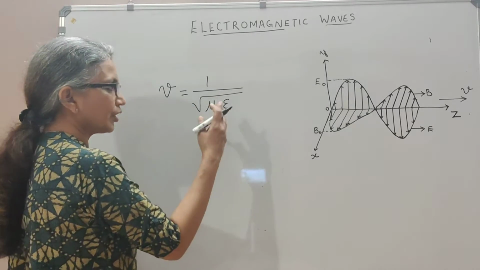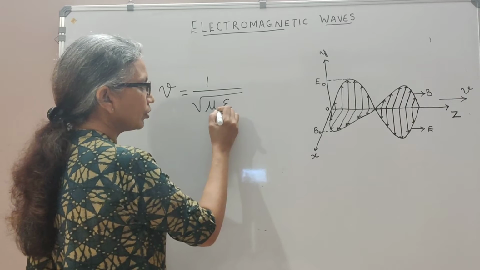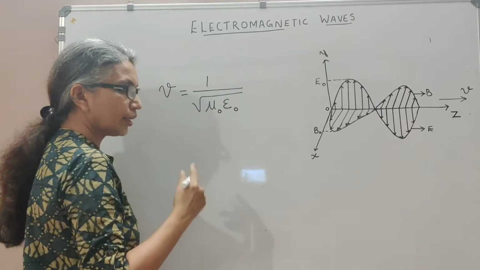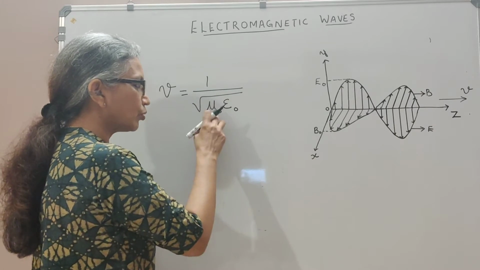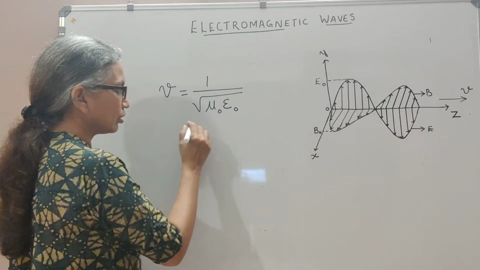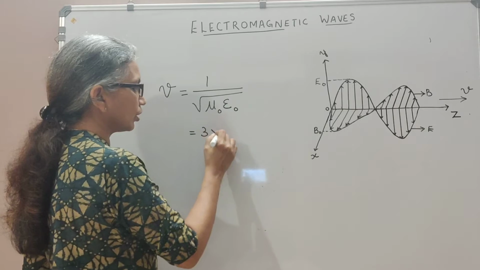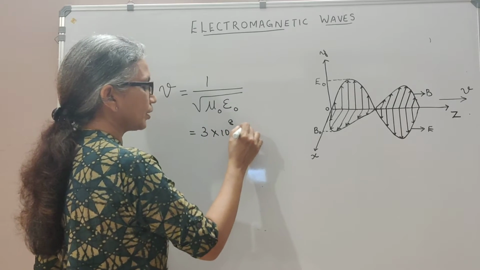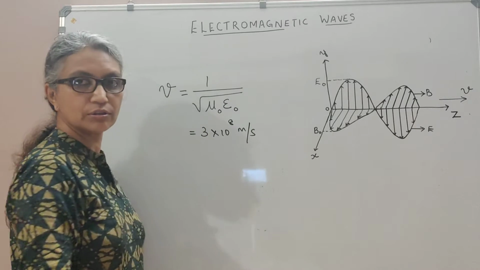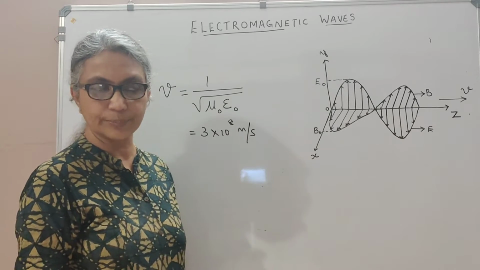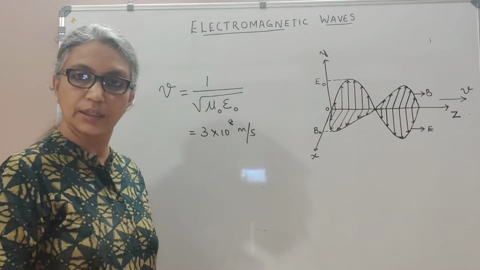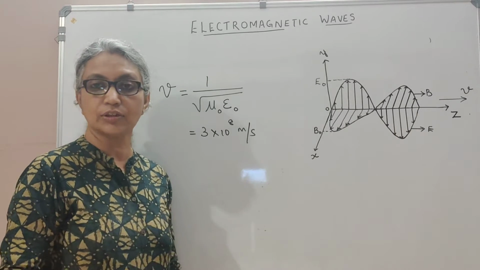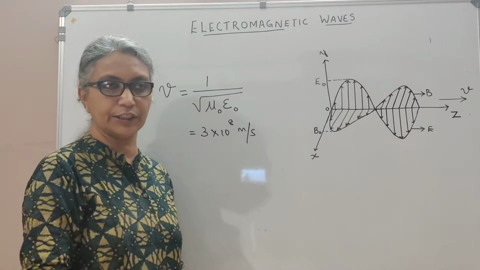Now, if it is in free space or vacuum, this will be mu 0, epsilon 0, and we already know the values. So when Maxwell plugged in the values for mu 0 and epsilon 0, he got a value close to 3 into 10 raised to 8 meter per second, which is the velocity of light in free space or vacuum. And he came to the conclusion, or predicted, that light is an electromagnetic wave because of this finding.